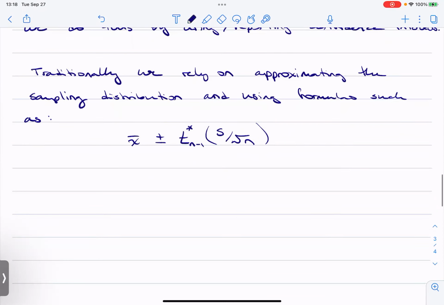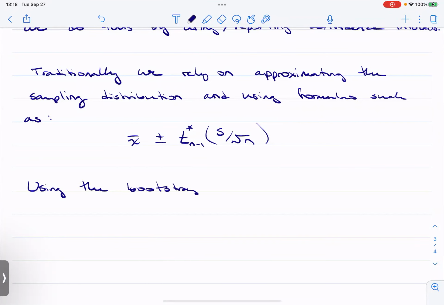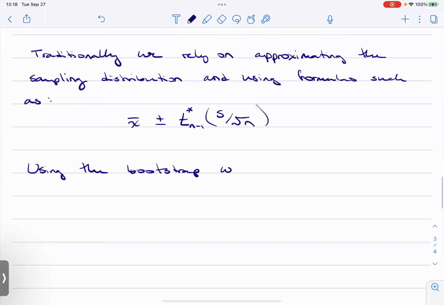Using the bootstrap, how can we do something similar?